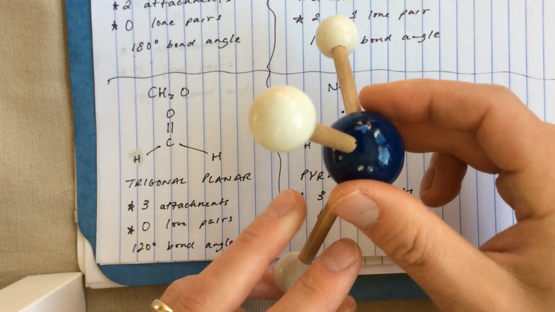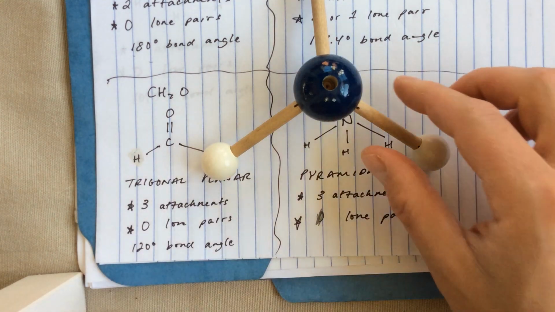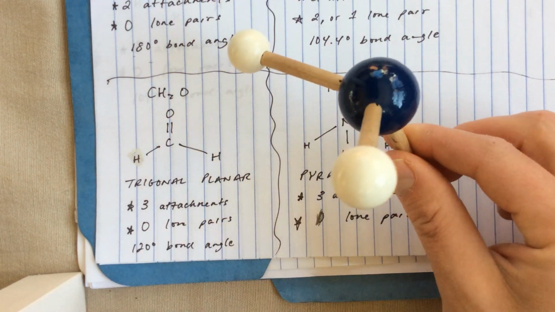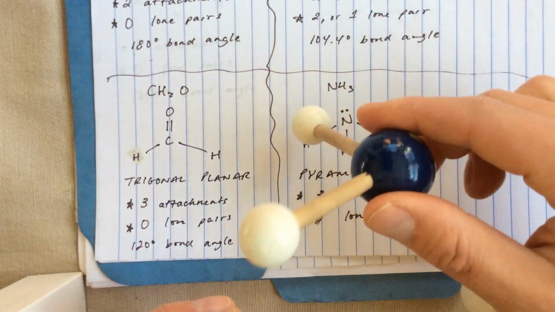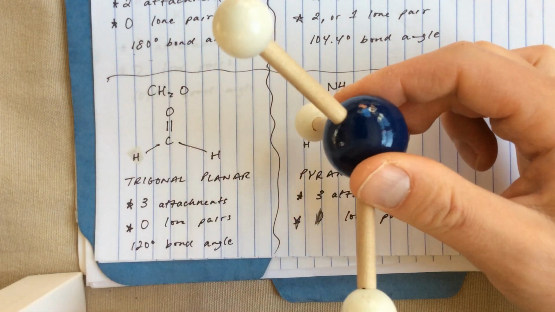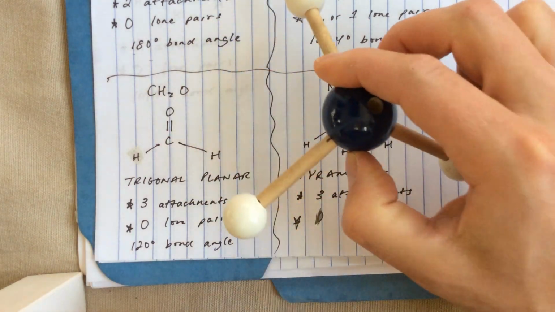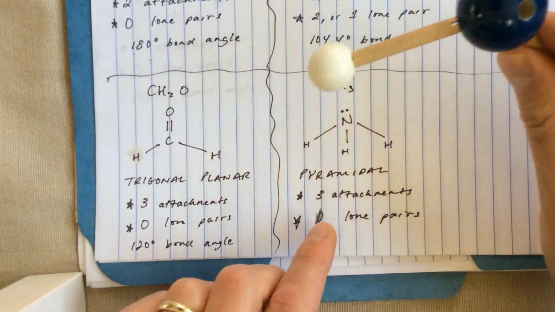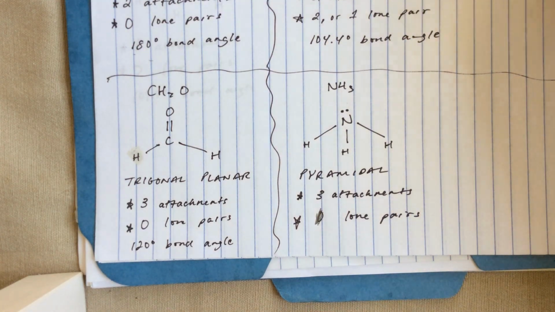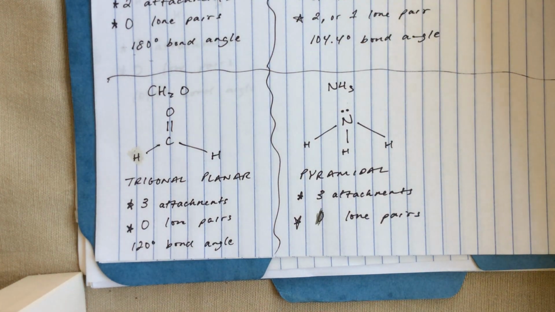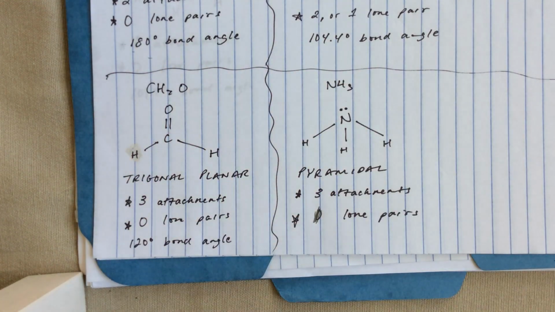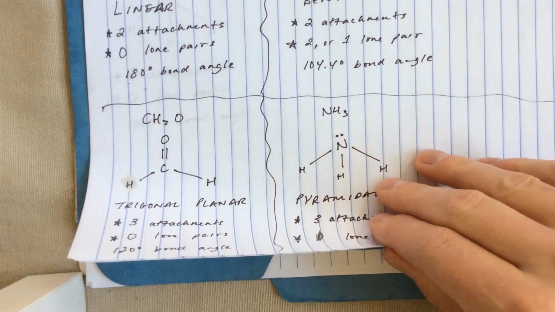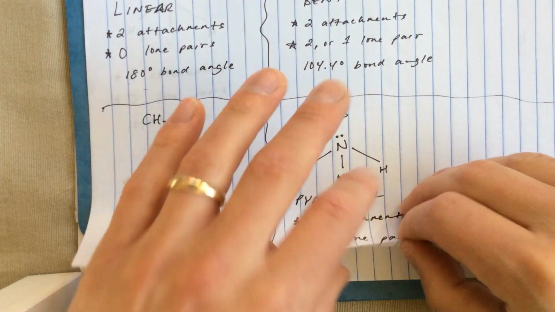It's kind of hard to see in the video, but if you put it down, it stands like a pyramid. So again, there's that empty spot, that lone pair pushing the bonds down into the pyramid shape. The angles for this one aren't really important, so we're going to skip it, but I did want to show you these three.